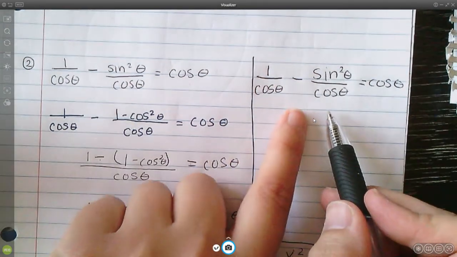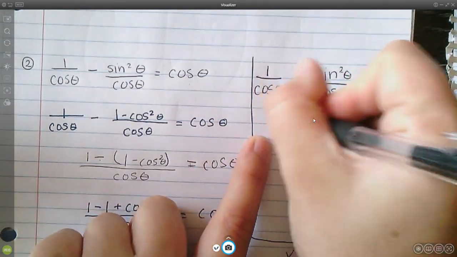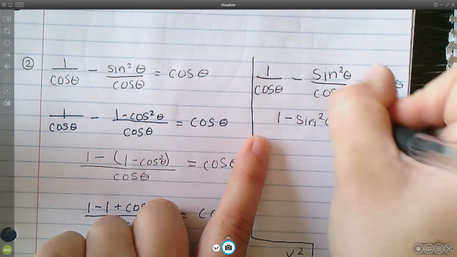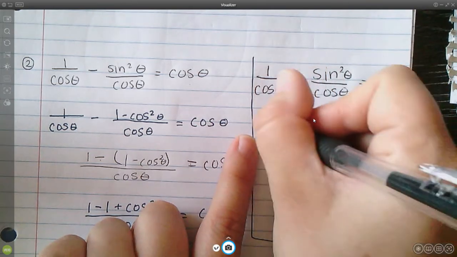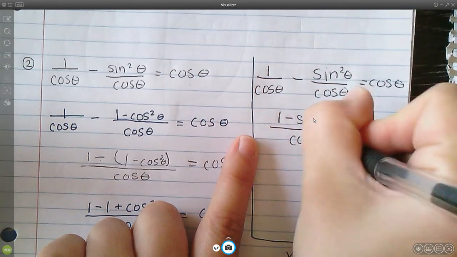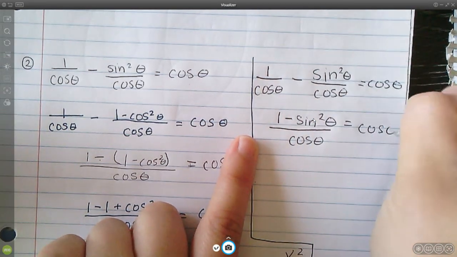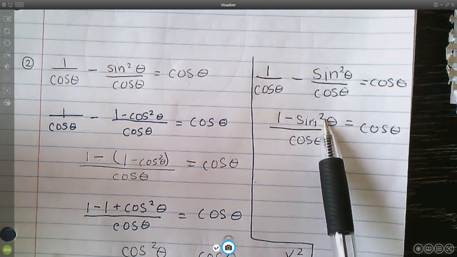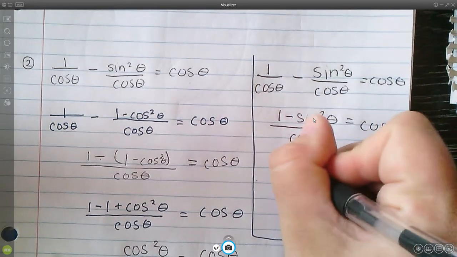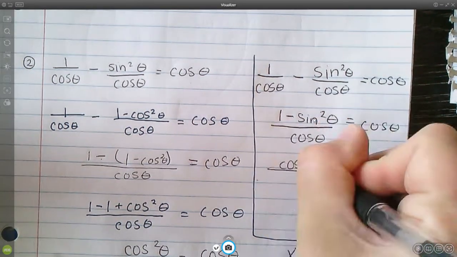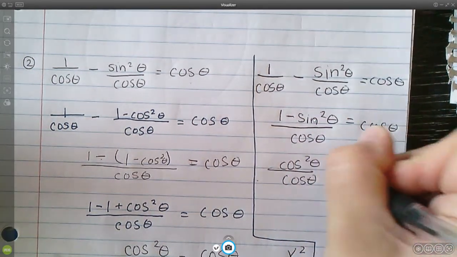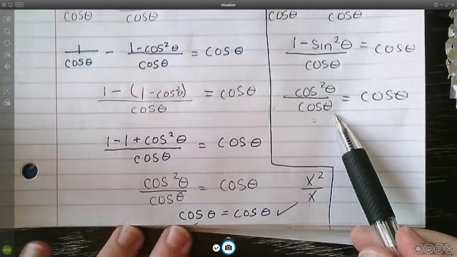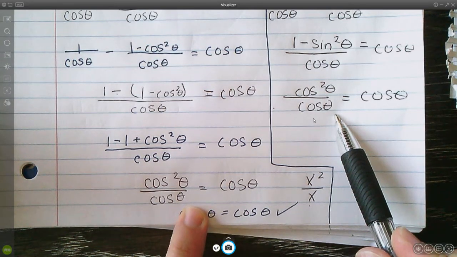Okay, so common denominator, so we add them, so you get 1 minus sine squared theta over cosine theta equals cosine theta. Okay, well then this 1 minus sine squared theta, that's just cosine squared theta over cosine theta. And then this line is the exact same as this line.